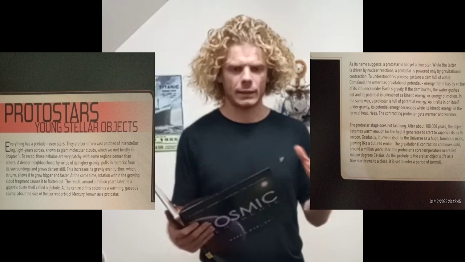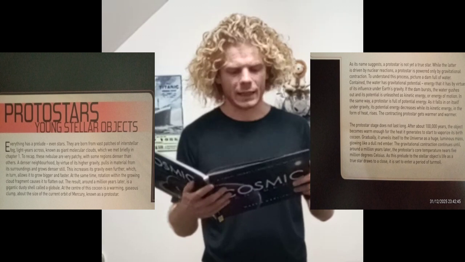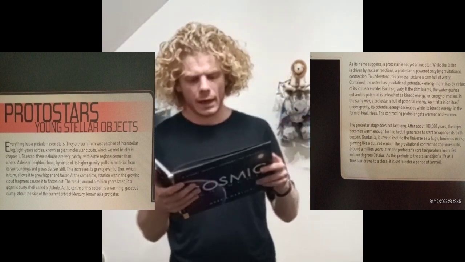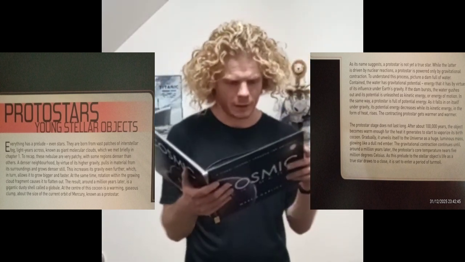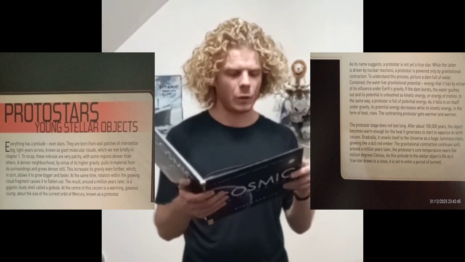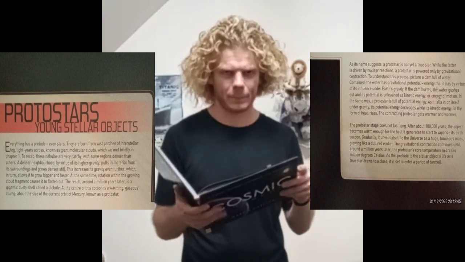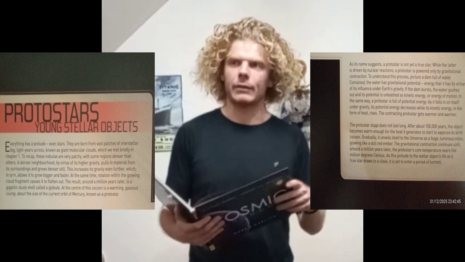And because it's dense and there is something, it pulls more to it. It has a higher gravity, so it pulls even more to it. This increases its gravity even further, which in turn allows it to grow bigger and faster. So the faster it eats, the faster it gets, the bigger and bigger it gets, and the stronger it can eat.